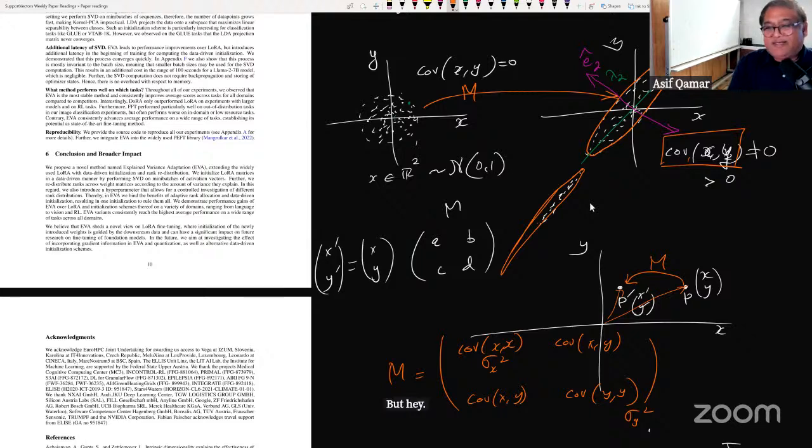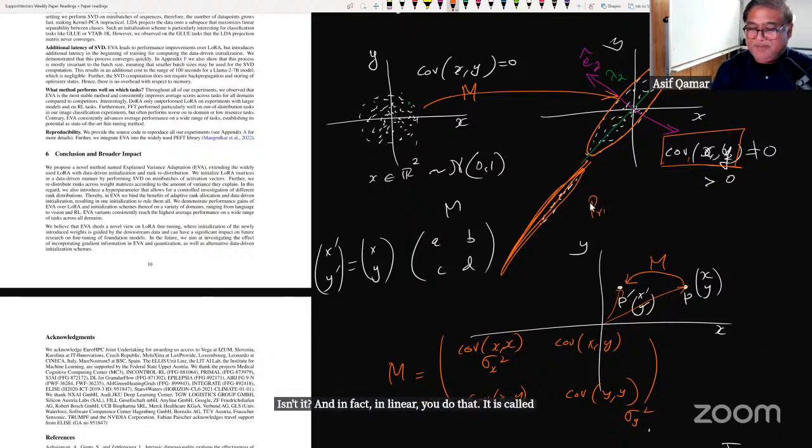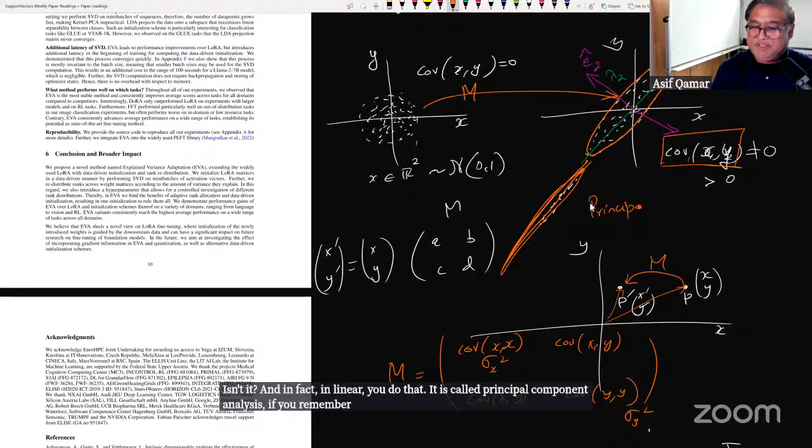You realize that basically you have reshaped your spherical, circular data into what is essentially a line, right? You can just ignore the second vector altogether, isn't it? And in fact, in linear settings, you do that. It is called principal component analysis, if you remember from your basic machine learning.